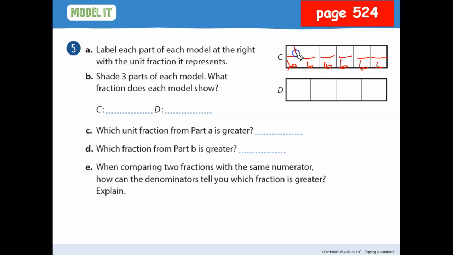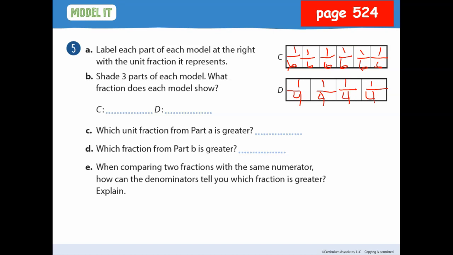And my unit fraction has 1 at the top. So what's my denominator for letter D? 4, because there are 4 sections. And what's my numerator? 1. A unit fraction has 1 as a numerator, and then how many sections do you have as your denominator? All right. Let's do part B.